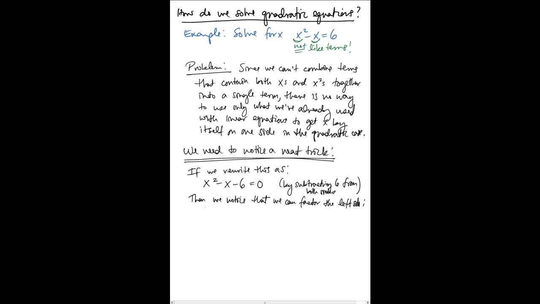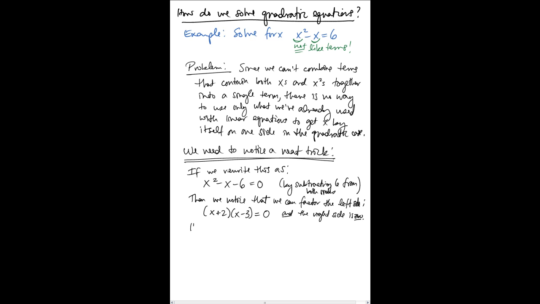So we get x plus 2 times x minus 3 equals 0. So we factor the left-hand side, and the right side is 0.